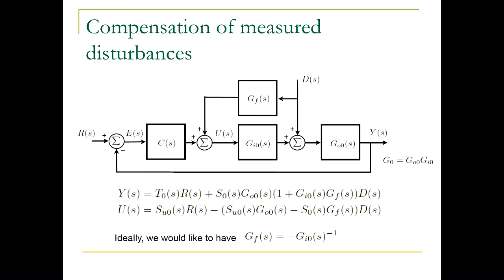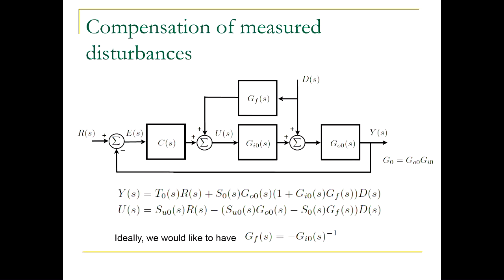If you write what the output and input are, and you look at these transfer functions, you would typically like to have the transfer function GF be minus the inverse of GIO, which is this guy here, right? Because this signal here would have to pass through that guy.